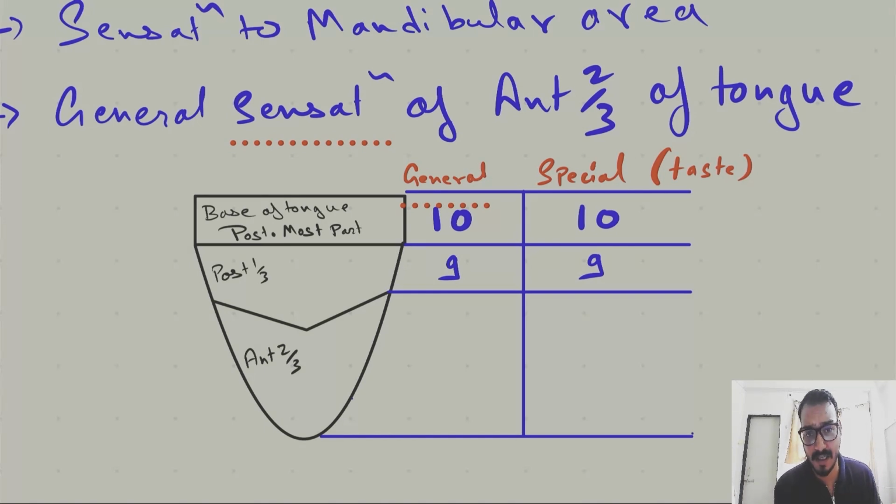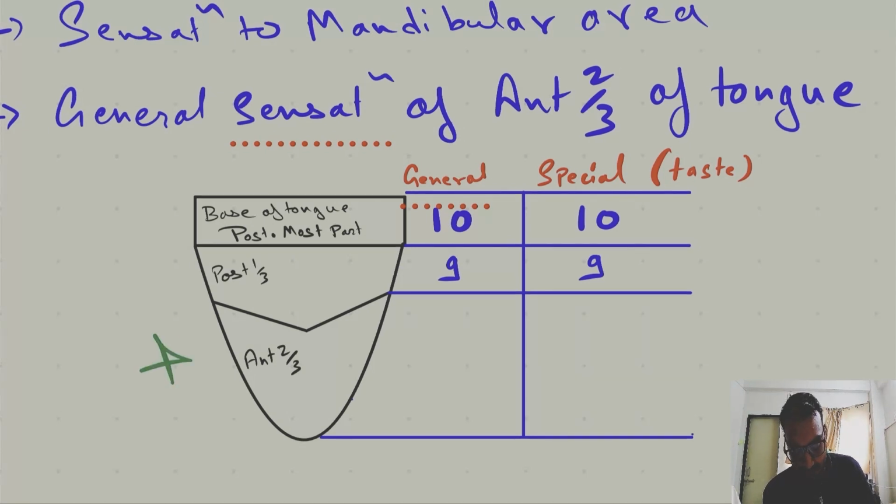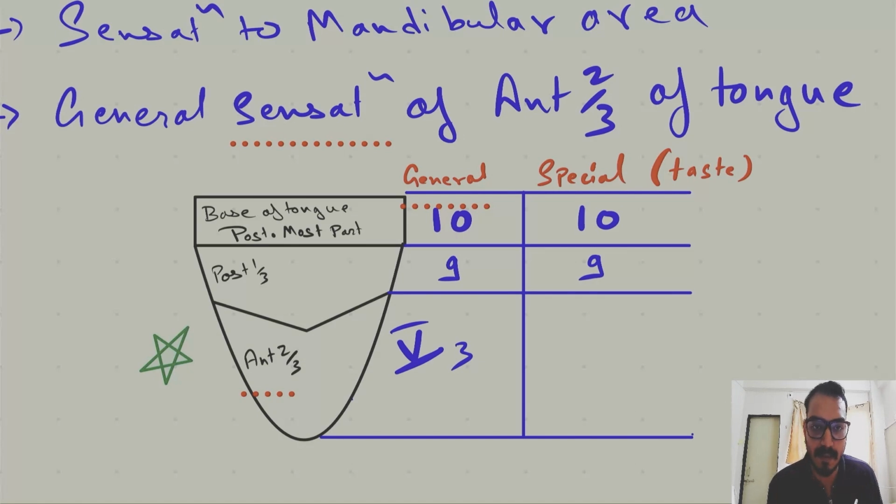Then we have the anterior 2/3 part of the tongue. Very, very important, guys. Why is it important? Because it has two different nerves. The general sensation is different, and the special sensation is different. For general sensation, we have V3, the mandibular branch of the trigeminal nerve.